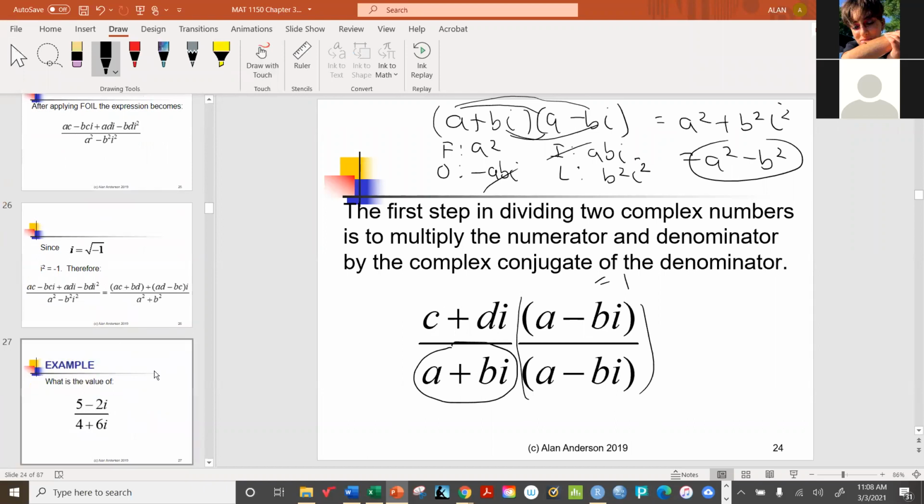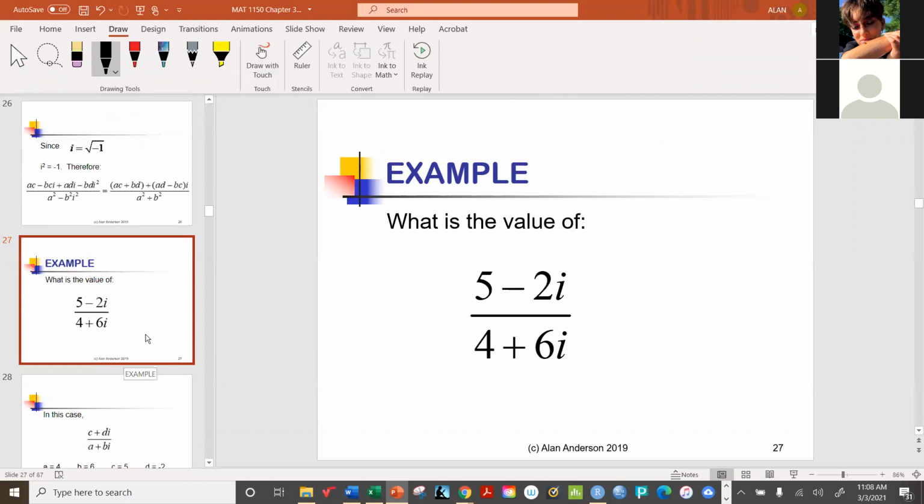Let's jump ahead and look at a real numerical example. Here we go. So we look at this and say, well, it doesn't look very promising, does it? So why don't we do this? Let's all agree to multiply this by 4 minus 6i over 4 minus 6i. And why don't you take out your paper and work on this for a few minutes and see what you come up with.